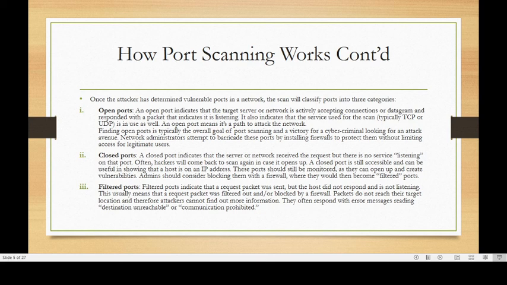There are 3 types of responses. We have the open, which means the service is listening. We have the closed, which means not listening. And we have the filtered, which means there is no reply.